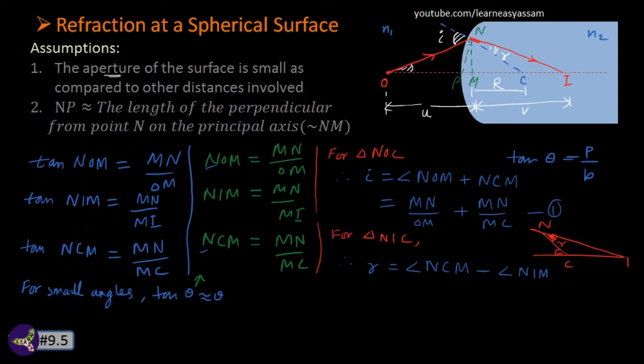So this angle minus this angle will give you this internal angle R. NCM we already got, that is MN by MC, minus NIM we already got, that is MN by MI. So we have got I and R, which are very important relations.